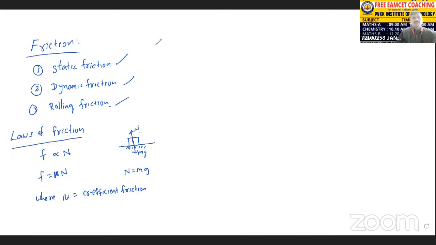So, first, static frictional force. Static frictional force is directly proportional to normal reaction. Fs is equal to mu s into N, where mu s is the coefficient of static friction. The coefficient of static friction is defined as the ratio of the static frictional force to the normal reaction.